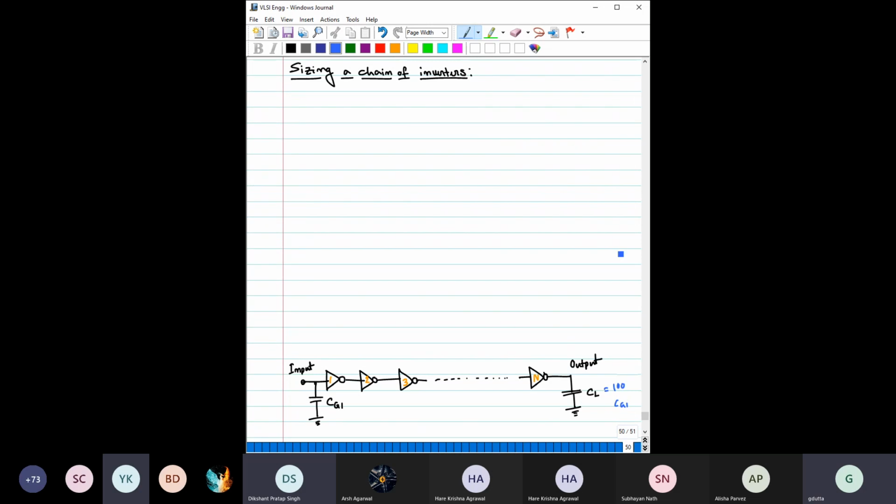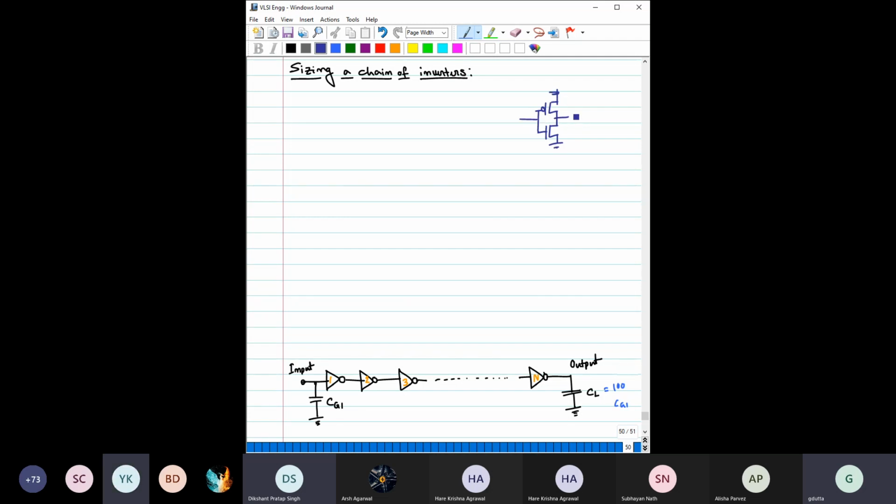But before we discuss that, I think we should also briefly discuss something important for analyzing this, which we already know, but just one relation here. Say this is a single inverter.